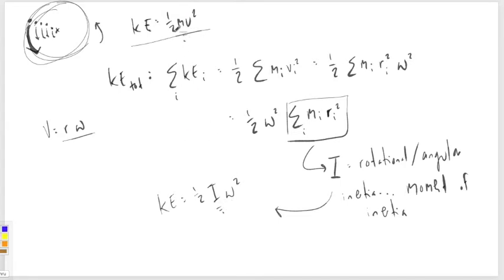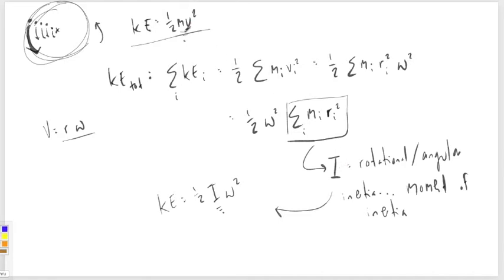Well, remember what mass is in Newton's laws. Mass is a measurement of resistance to motion, which we call inertia. The bigger the mass, the more the object resists its motion. So I is the angular equivalent, the angular analog of inertia. You guys need to know this, I tells you how difficult it is for an object to change its rotational motion.